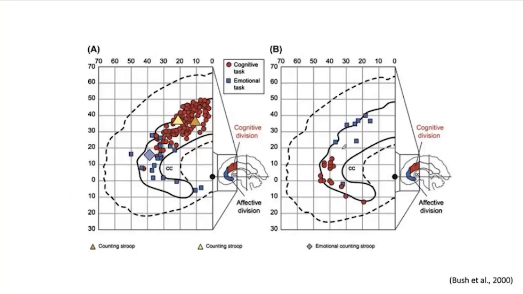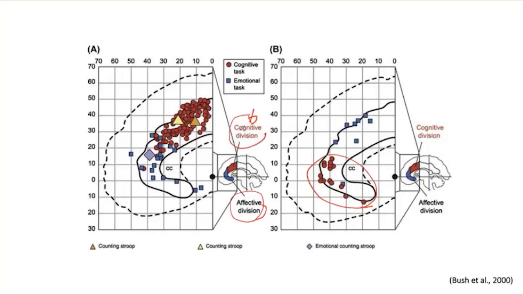The other interesting part about the anterior cingulate cortex is that when we have a cognitive task, represented here by red dots or small circles, they make deactivations in the affective division.